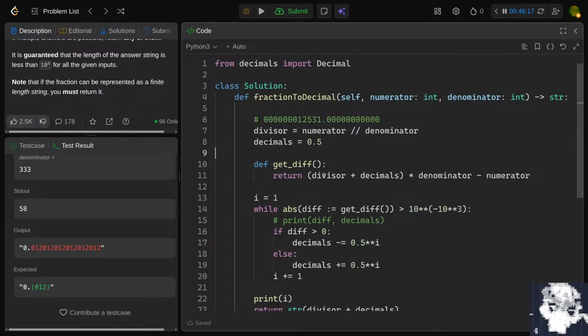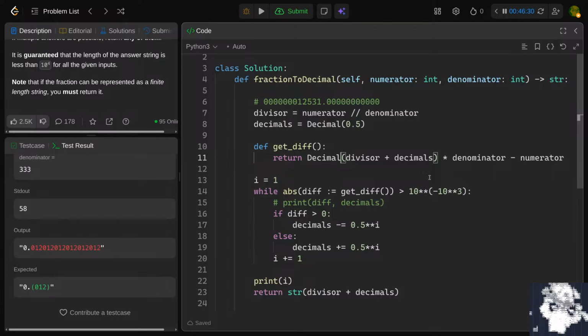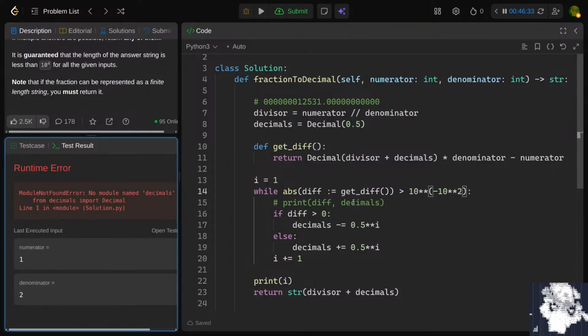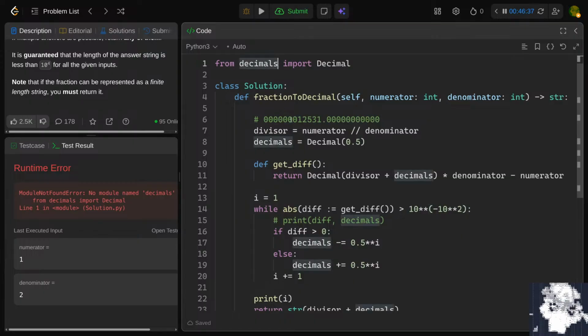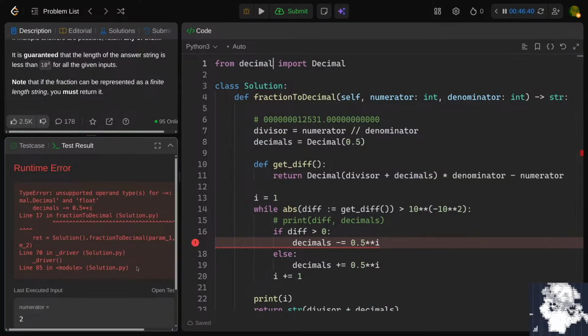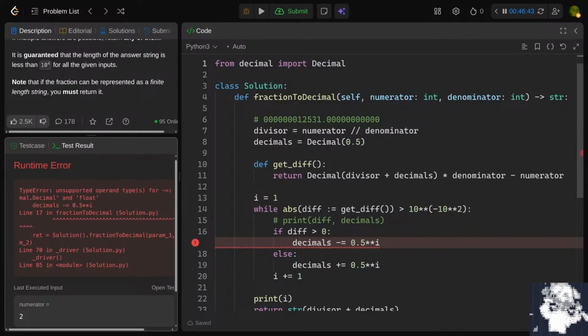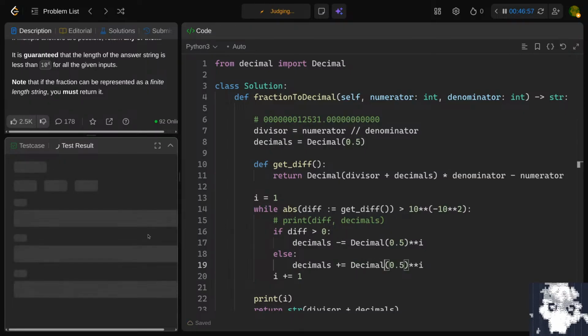Turn this into a decimal. Does that change things? Yeah, that changes things. That makes it take way too long.